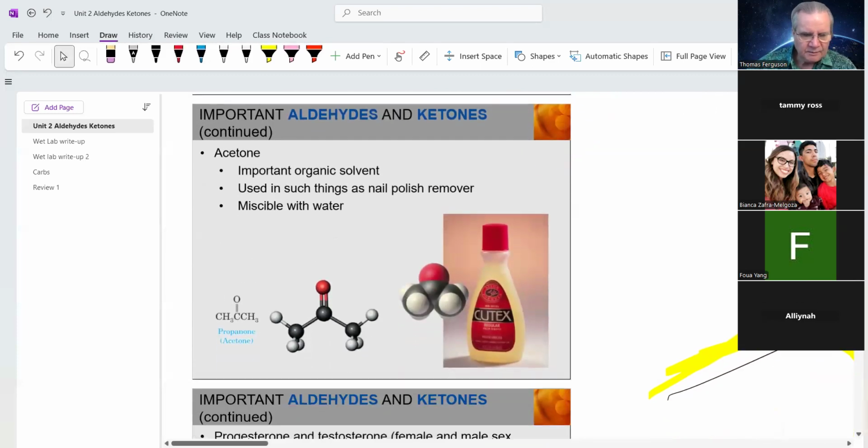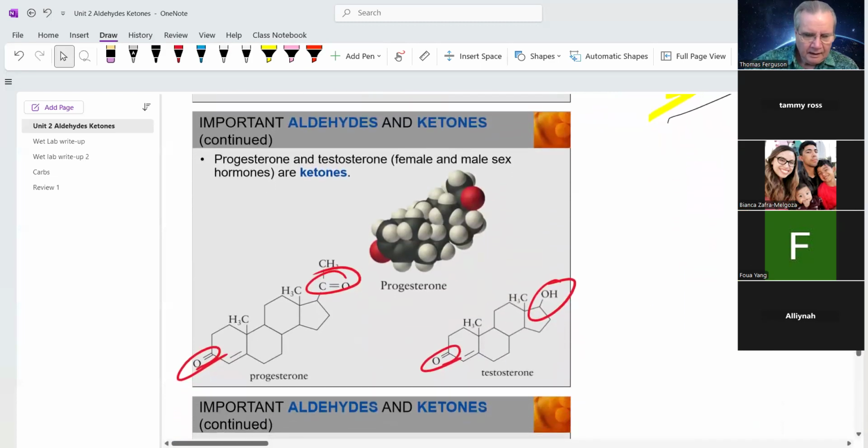Okay, most common ketone is acetone, and you see it everywhere. You see it in nail polish remover. You use it around epoxy as a solvent. It's all over the place. And biochemically, aldehydes and ketones are very present. They're all over the place.